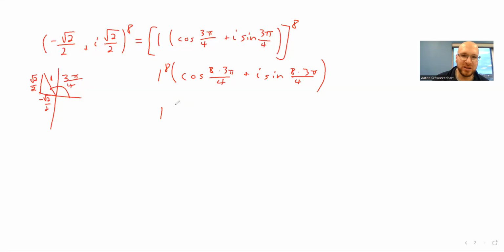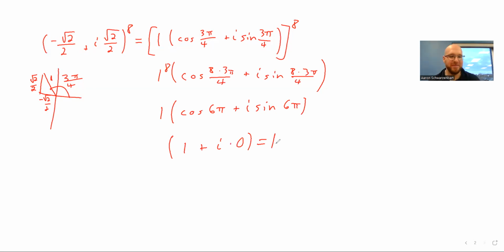1 to the 8th is 1. Cosine of 6 pi plus i sine of 6 pi. 6 pi is essentially 0 or 2 pi. So cosine of 6 pi is 1. This is 1.